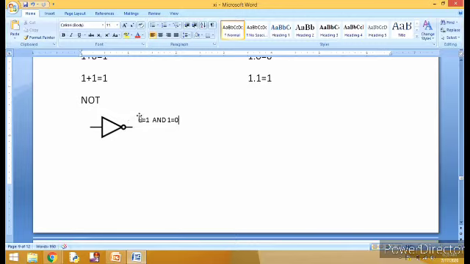It is quite clear, I hope. Is it clear or not? Yes, sir. So it is clear: if the input is 0, you get 1, and if the input is 1, you get 0.